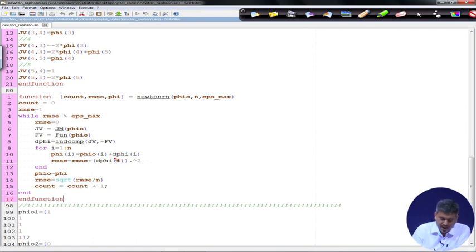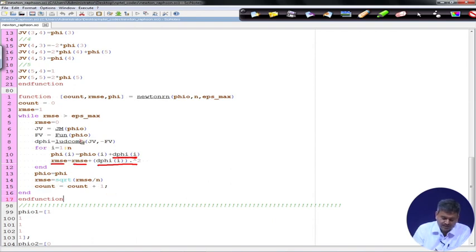With this we can add del phi i, that means the ith update, and similarly we can calculate RMSE by adding the del phi square values.